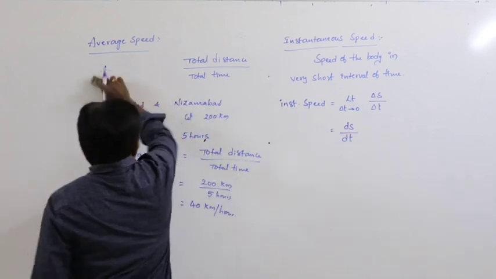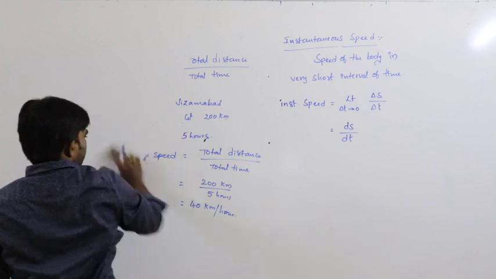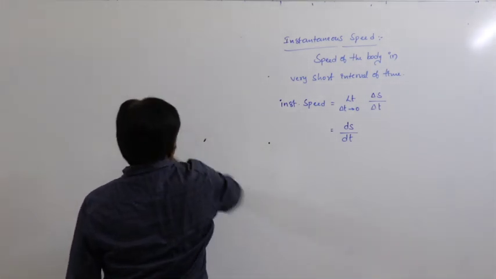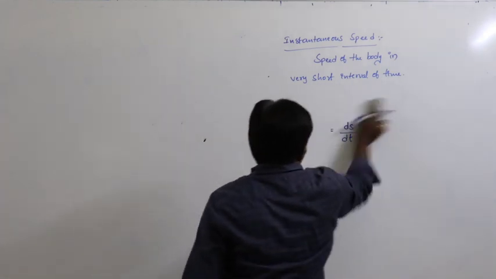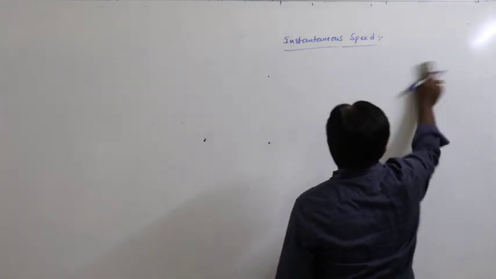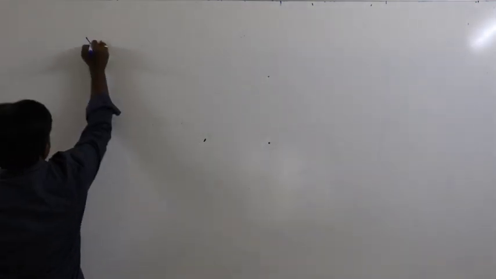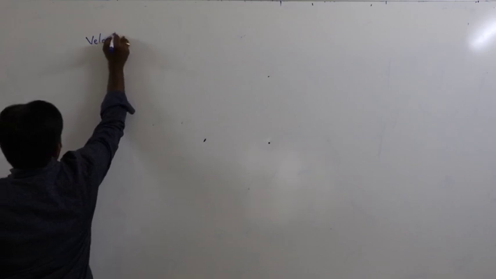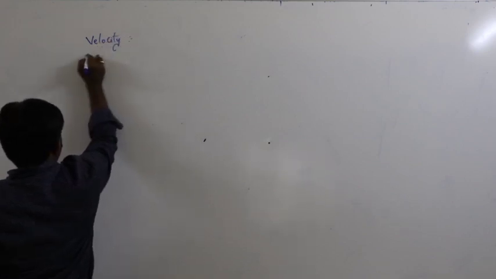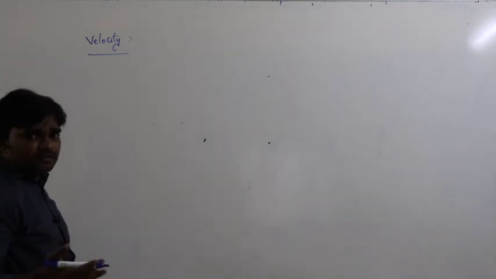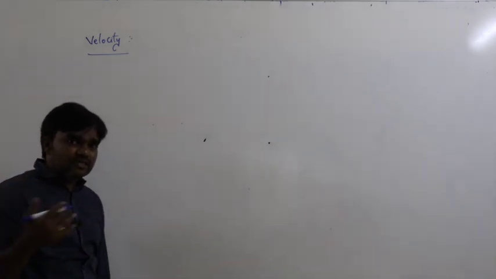Next, velocity. What is meant by velocity? Speed is defined as the rate of change of distance.